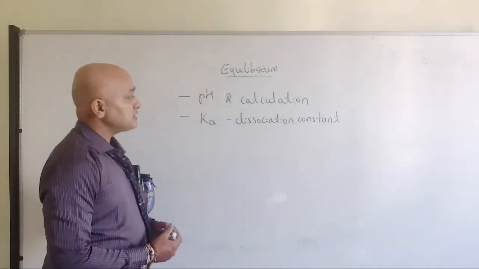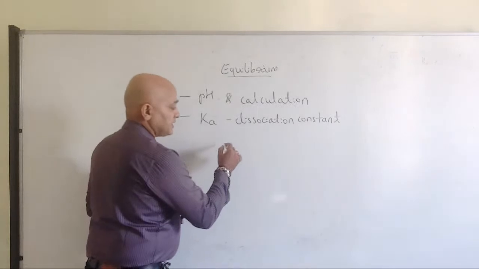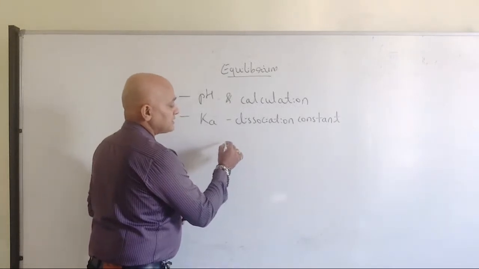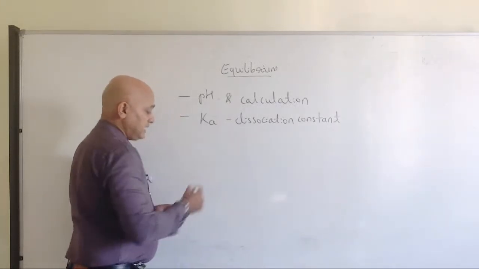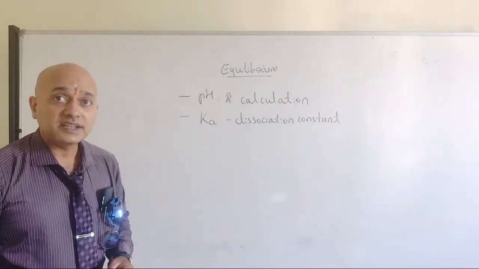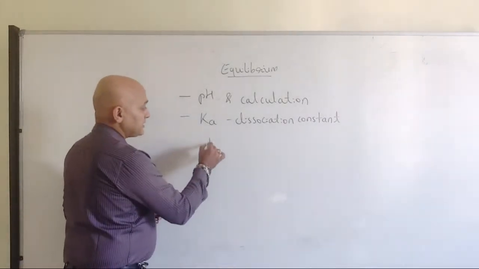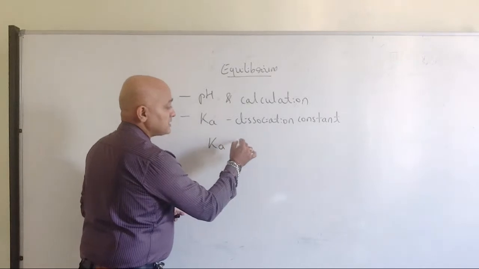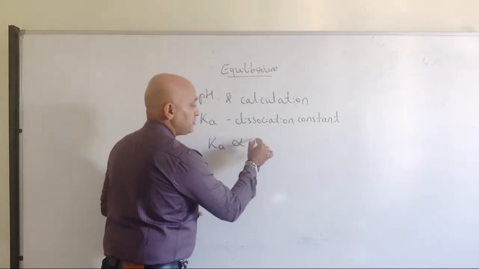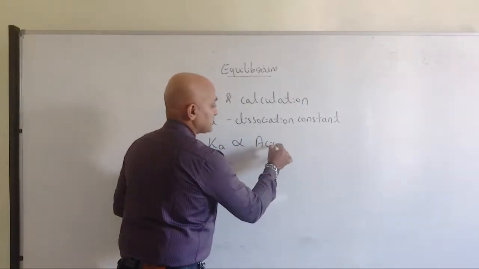Now when it comes to dissociation constant, what is the relation between the strength of an acid and the dissociation constant? The dissociation constant is directly related to acid strength.